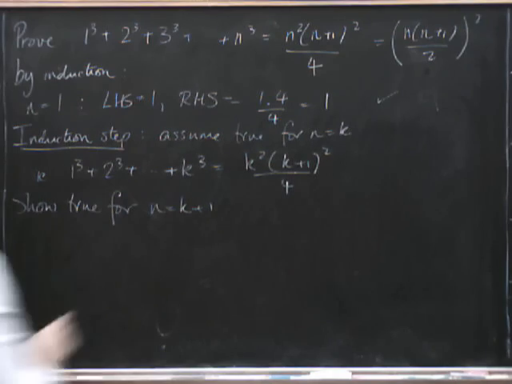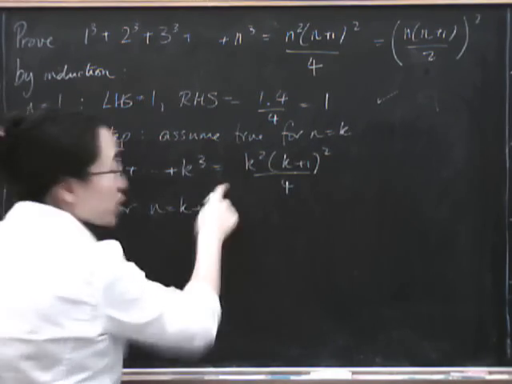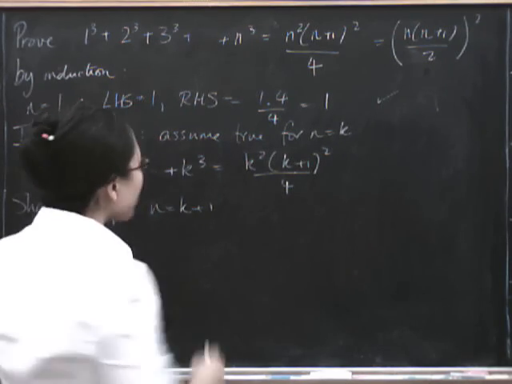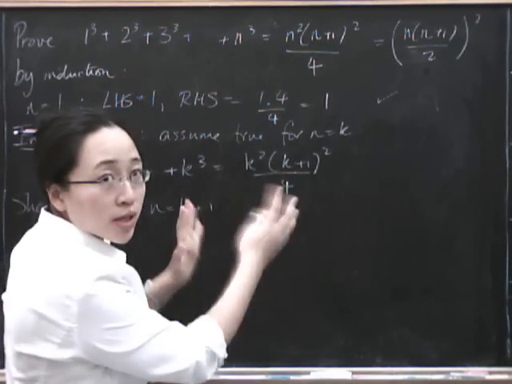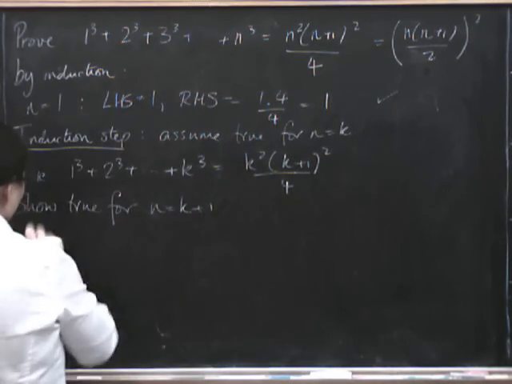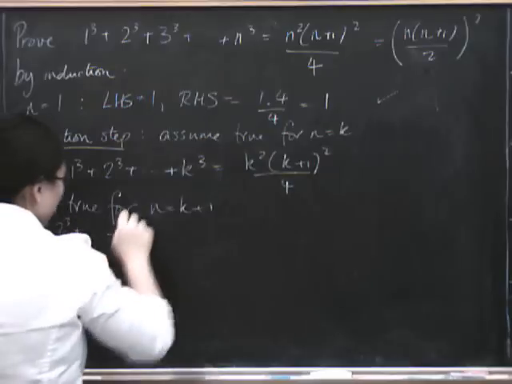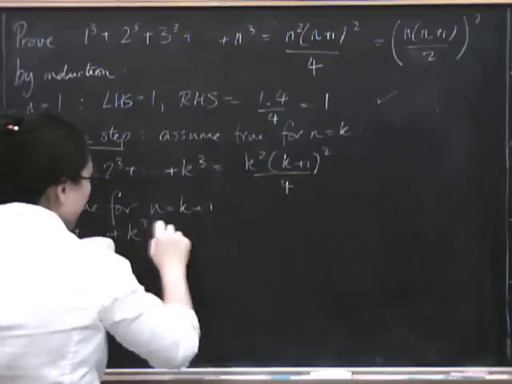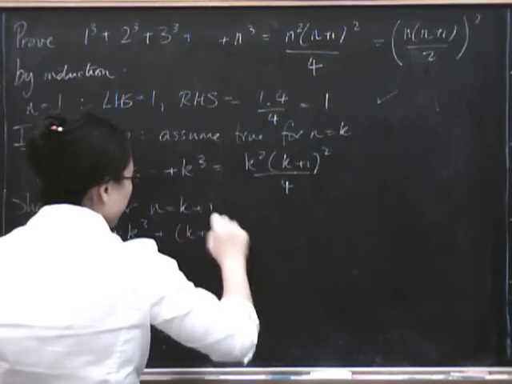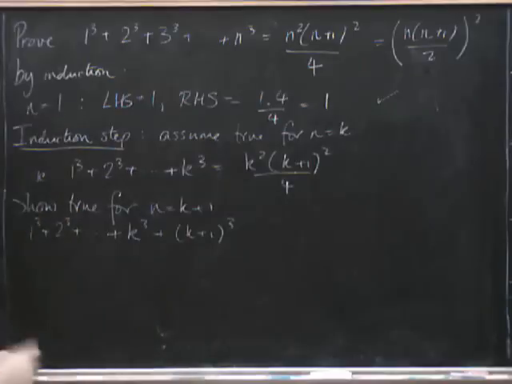Well, if we write out this sum all the way up to k plus 1, then we've got the sum up to k plus an extra bit. So 1 cubed plus 2 cubed and so on, the second to last term will be k cubed, and then the last term is (k plus 1) cubed.